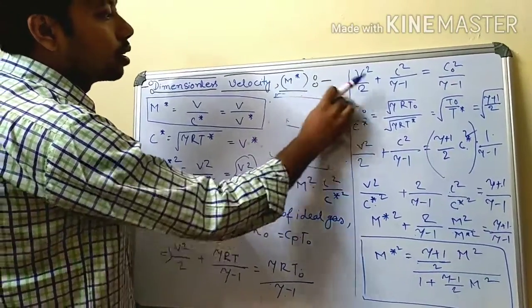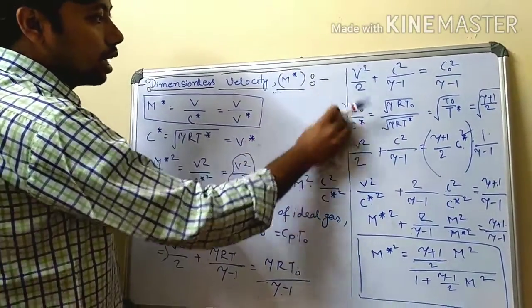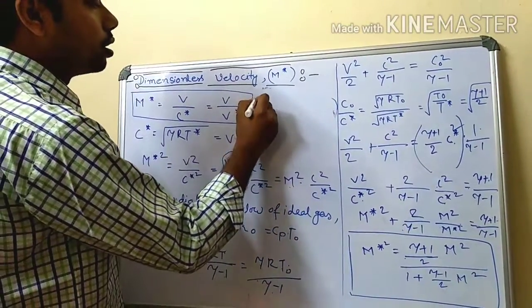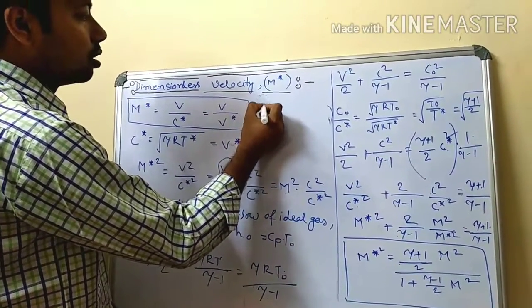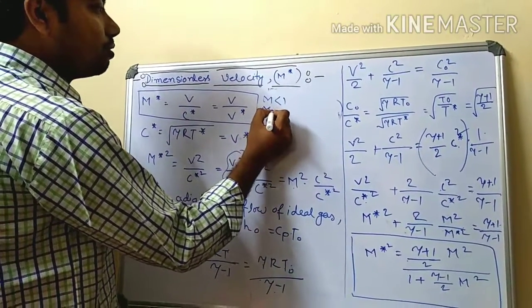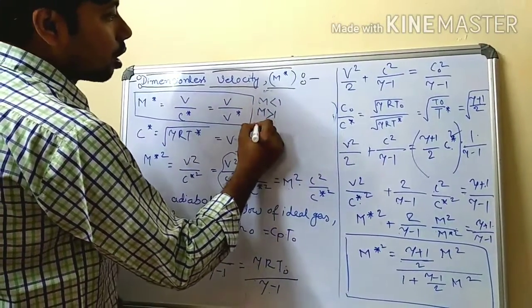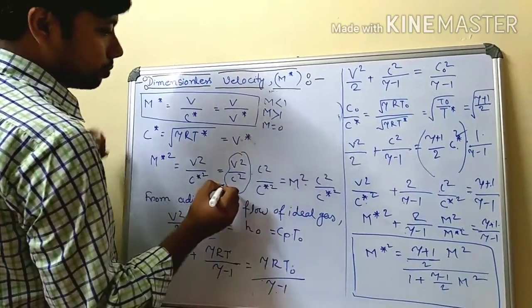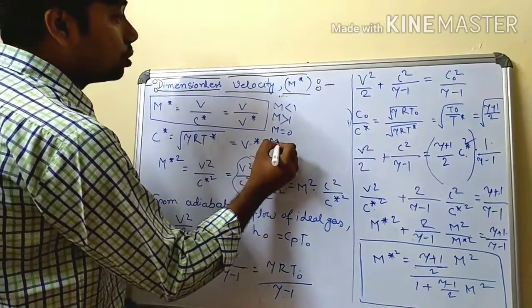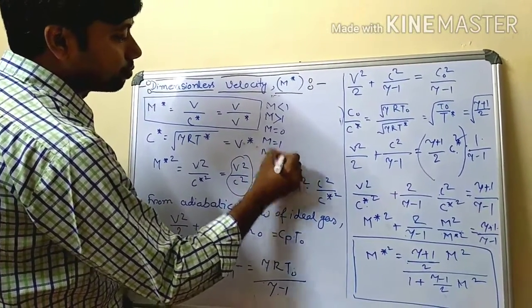Okay. Now, in this expression, if you put these values, like M less than 1, M greater than 1, or M equal to 0, M equal to 1, or M equal to infinity.